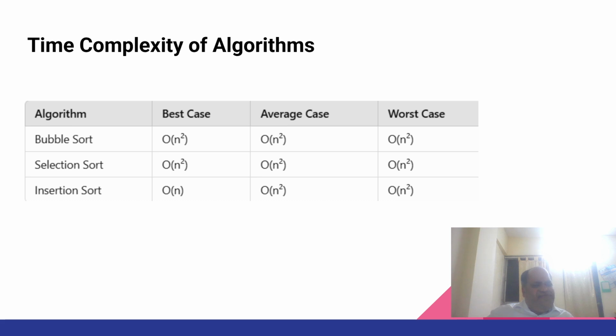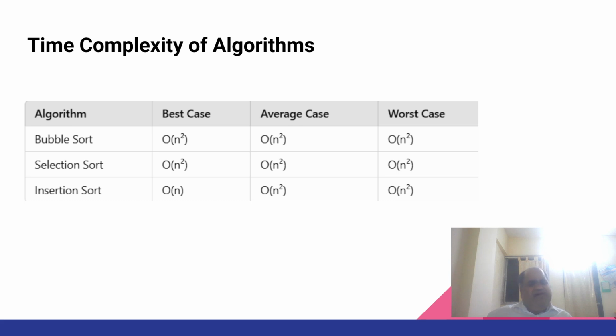Time complexity, just for review: bubble sort, best case O(n square), average case O(n square), worst case O(n square). For those of you who are seeing the time complexity notation, O notation or big O notation, the way we call it, for the first time, you can assume that each execution of each loop, for or while or whatever, constitutes an O(n). Why O(n)?